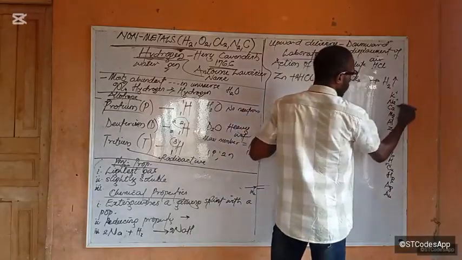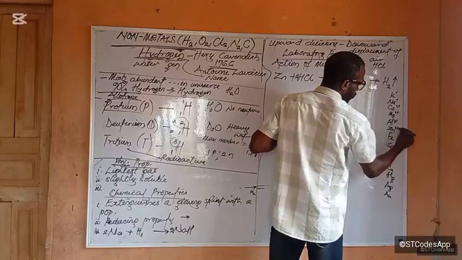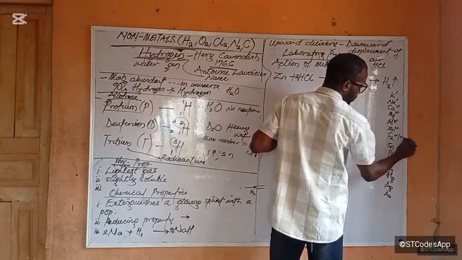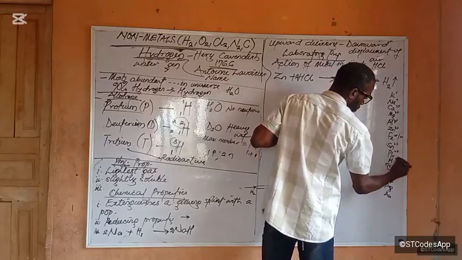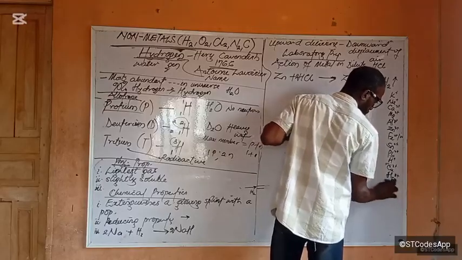And the charges are plus, 2 plus, 2 plus, 2 plus, 3 plus, 2 plus, 2 plus or 3 plus, 2 plus, 2 plus, and so on.